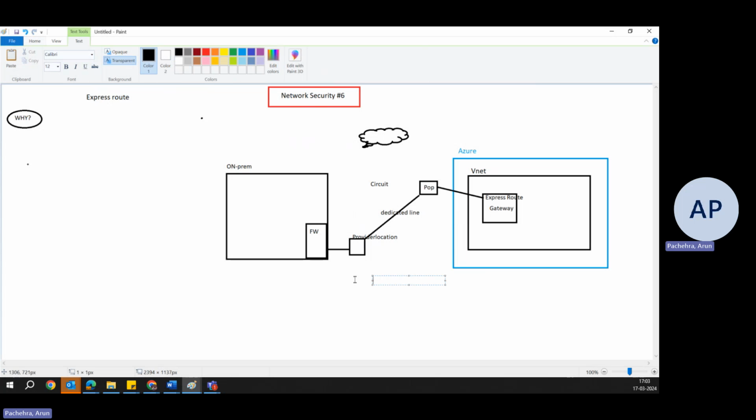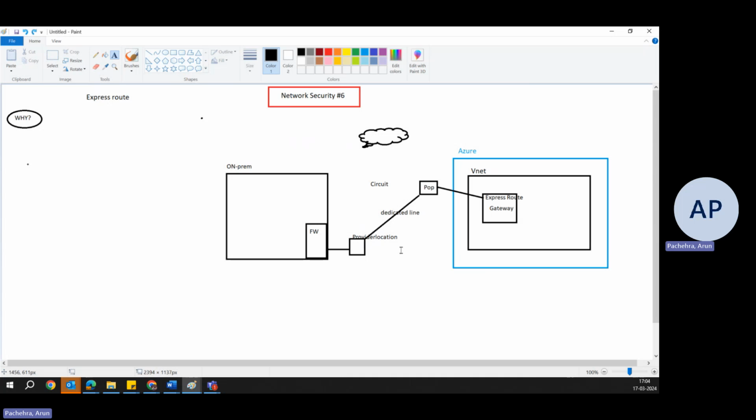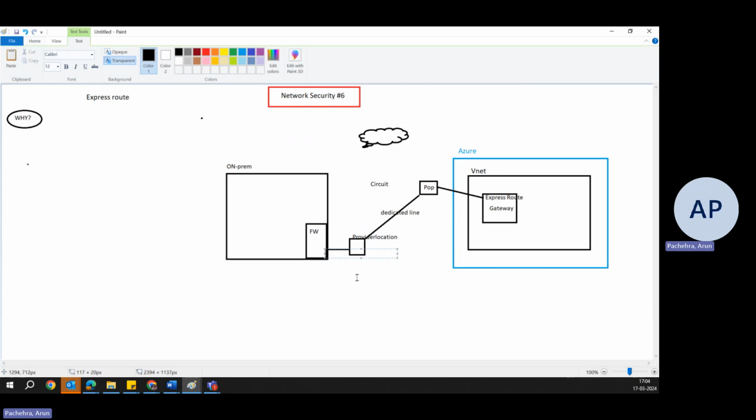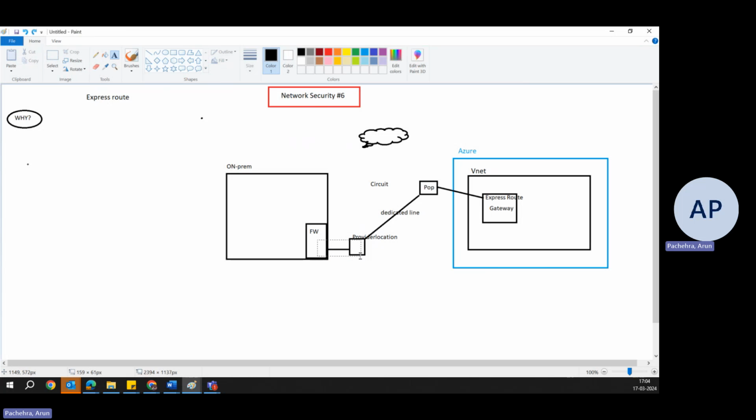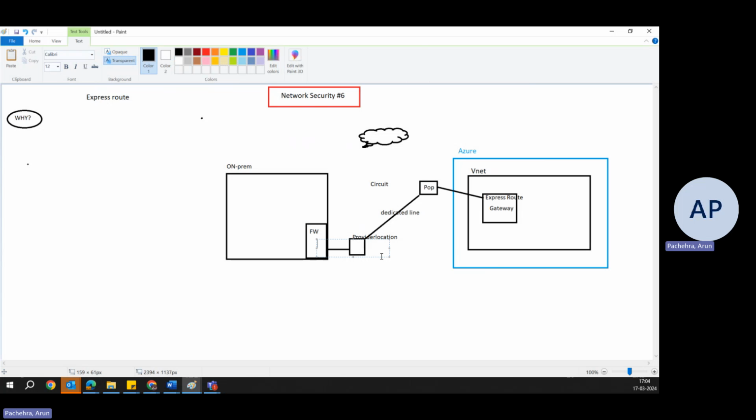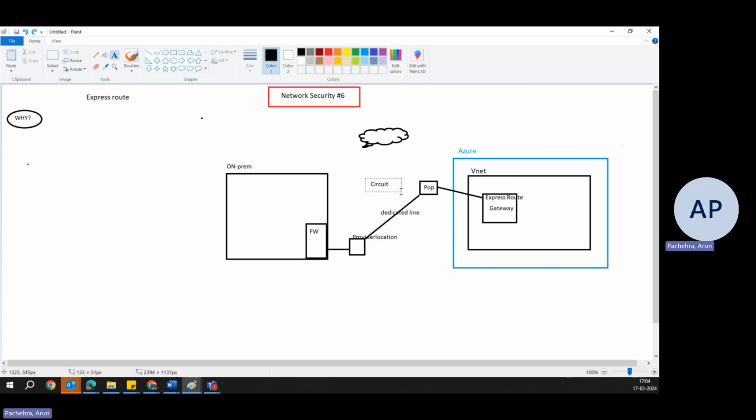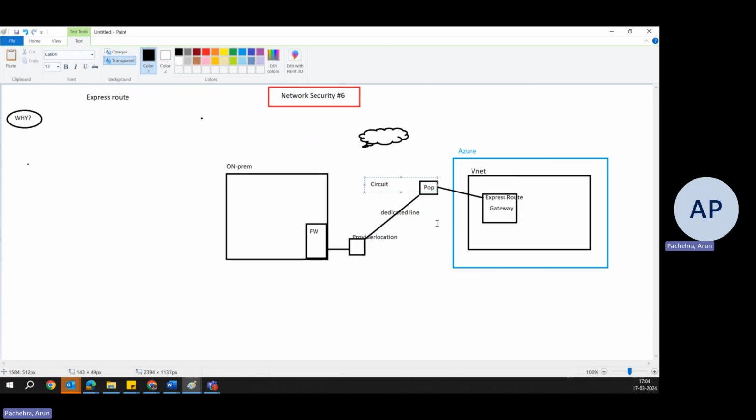And how does it happen? Well, you need to talk to your service provider and your connection will be taken to the service provider's location. You need to establish this with the help of the service provider, and you need to create an ExpressRoute circuit which will have the information of this provider and the PoP location.